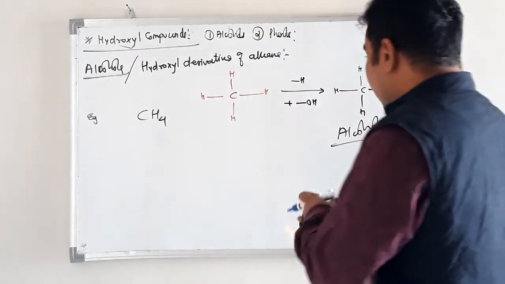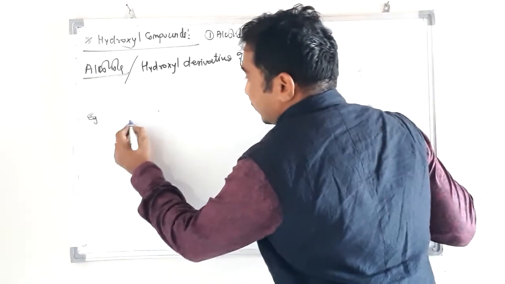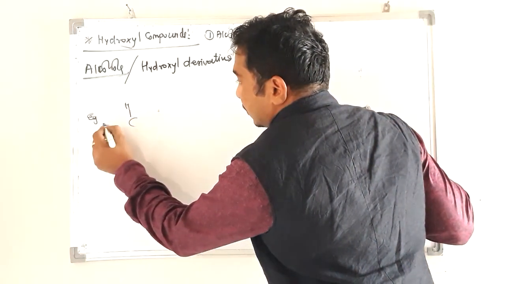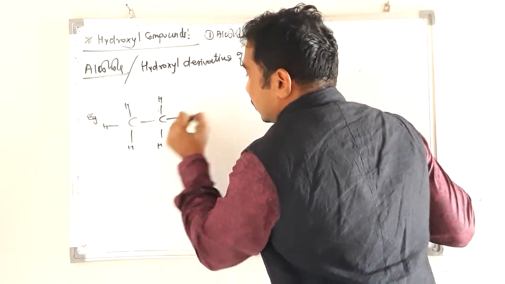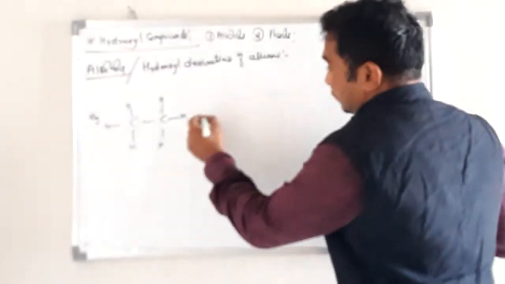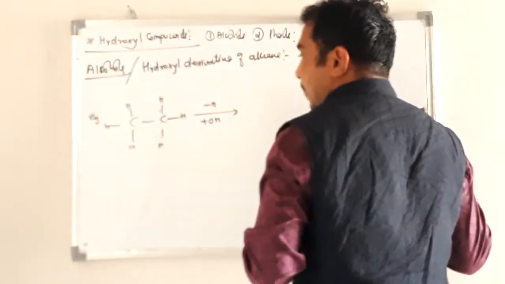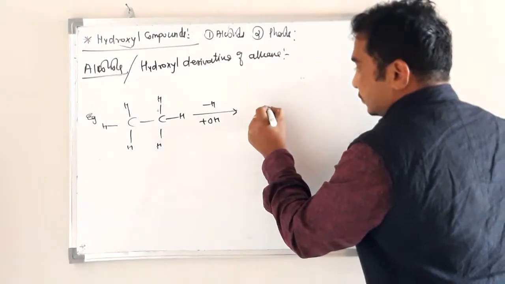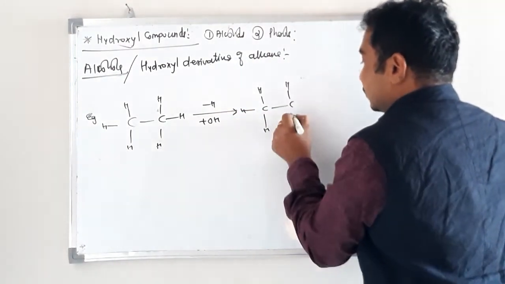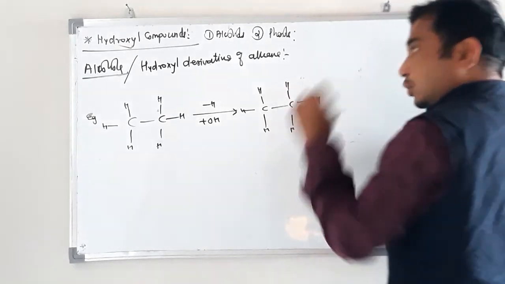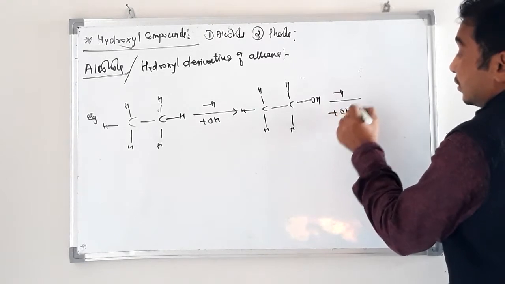Now, in the case of alcohols, see, ethane contains 2 carbon atoms. First replace one hydrogen, any one, because all hydrogen atoms are the same. So we get this, OH. This is an alcohol.